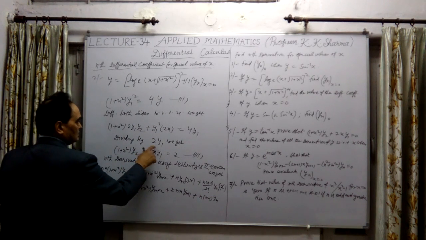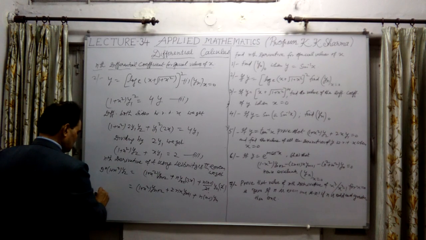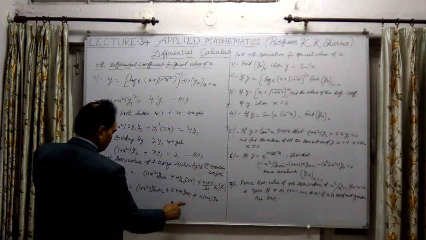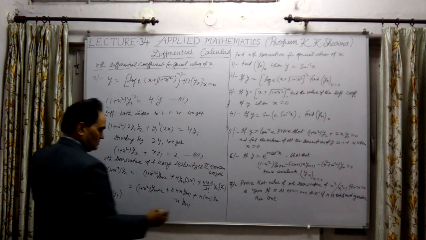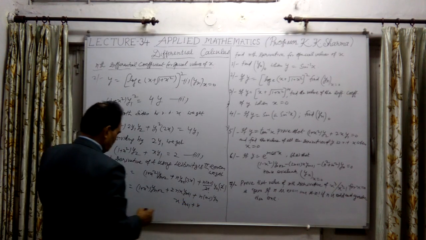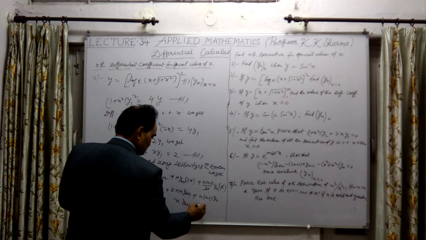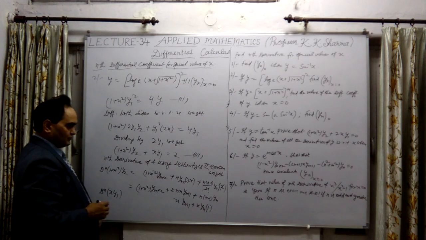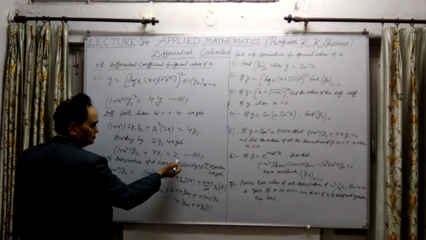Now the nth derivative of the second step, x y1. The nth derivative of this gives x y(n+1), and the next step will be n into y(n), since the derivative of x is 1 only. These two steps will be there, and on the right hand side the nth derivative of 2 is 0.